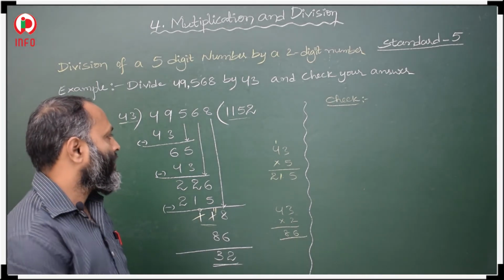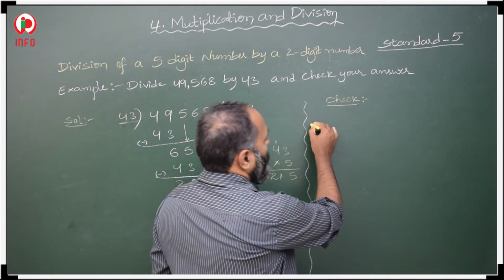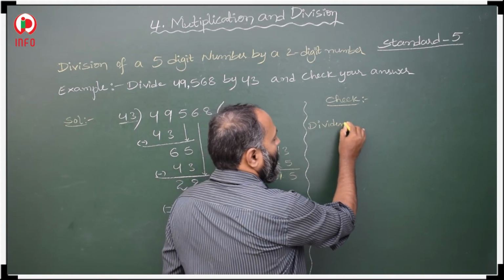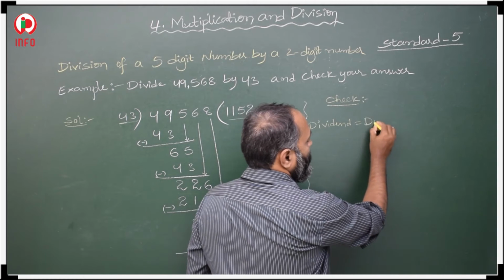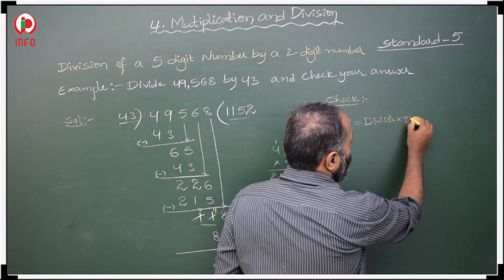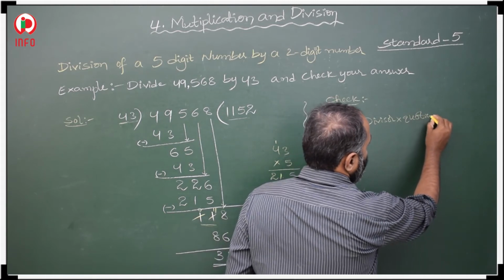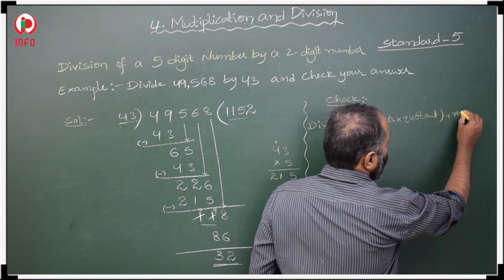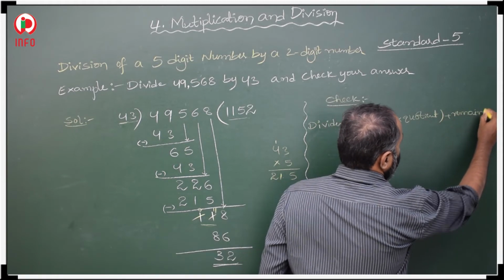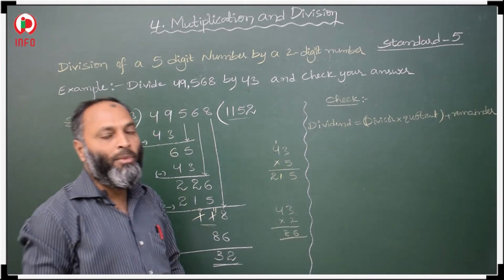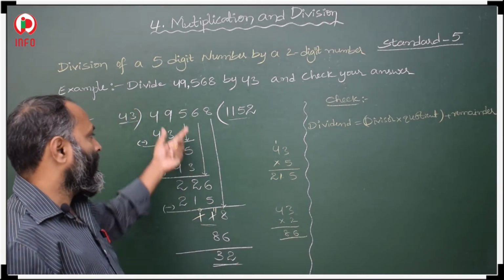Now we have to check. Dividend is equal to divisor into quotient plus remainder. What is the dividend?